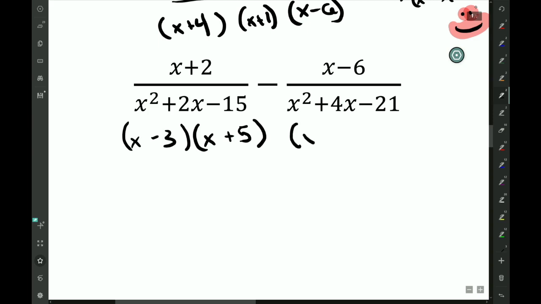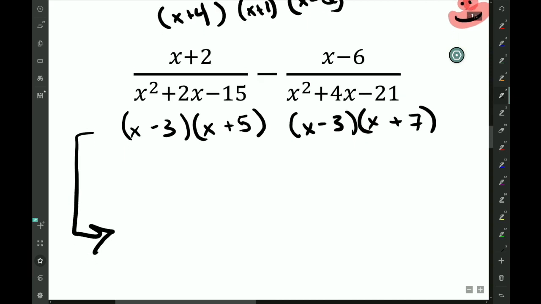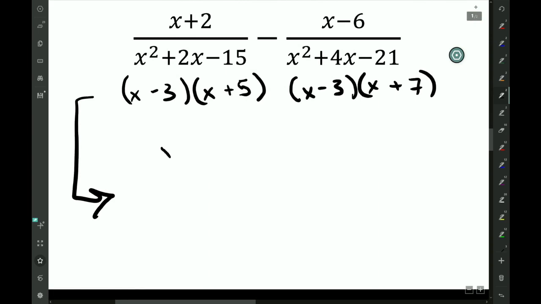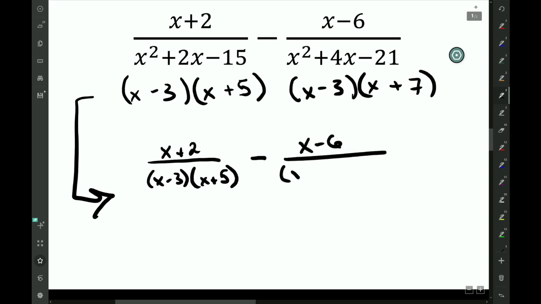Factor this here, so we got 7 and 3, positive, negative. And what you essentially have is then x plus 2 all over x minus 3, x plus 5, minus x minus 6 all over x minus 3, x plus 7.